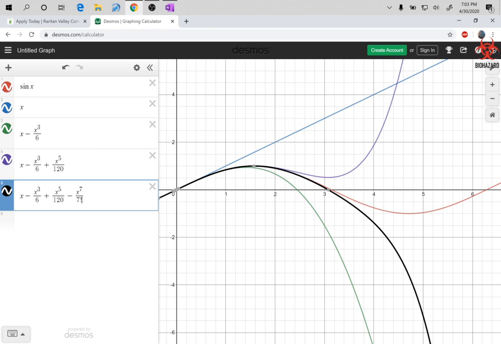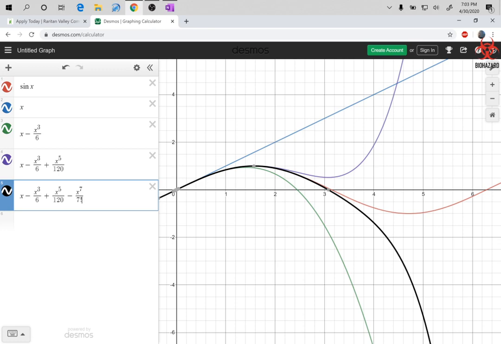Add in a 5th term, it will be precise past 3. So the more terms you have, the better the approximation is. The Taylor series bends nicer and nicer around the original function f of x, and you will be able to use that to compute.